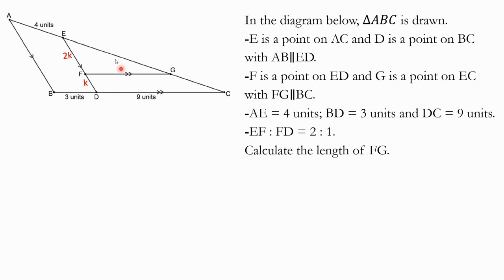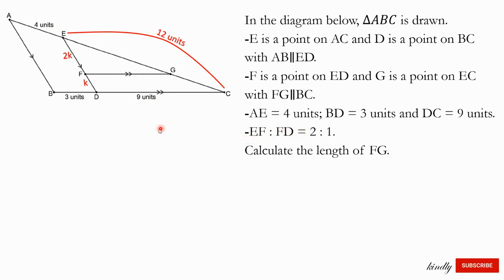So we managed to get that EC is 12 units in question 5A. Then we have this ratio of EF to FD, which is 2:1.